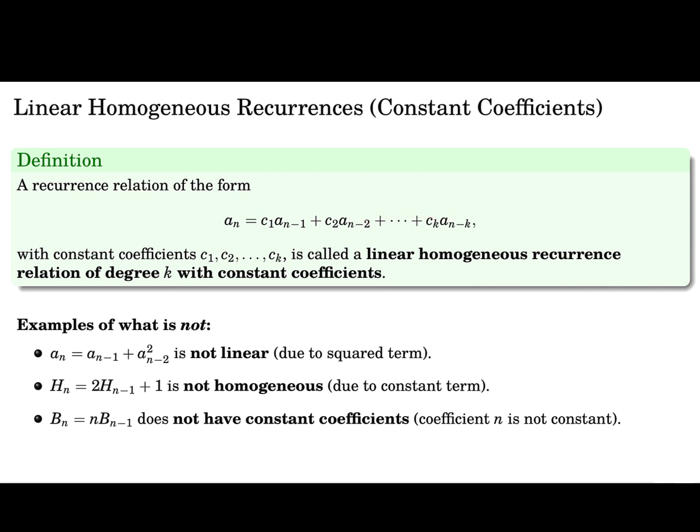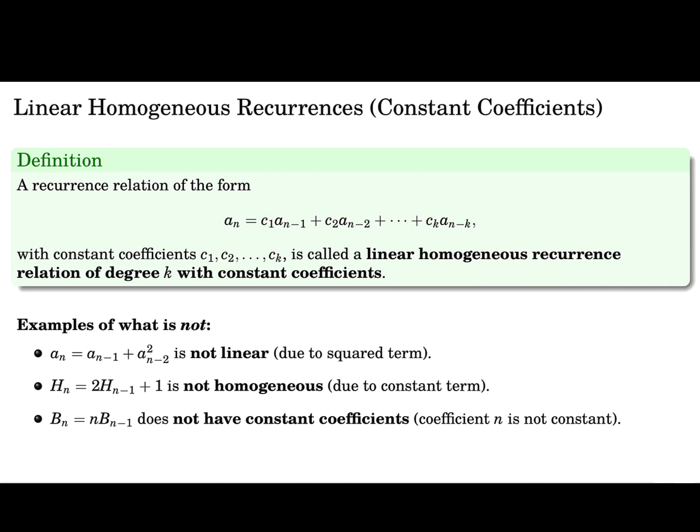An example of a non-homogeneous recurrence would be what we saw with the Tower of Hanoi example: hn equal to 2 hn minus 1 plus 1. This plus 1 makes it not homogeneous. And finally, what we mean by constant coefficients is that these are constants. They don't depend on n. They don't change. These are numbers.